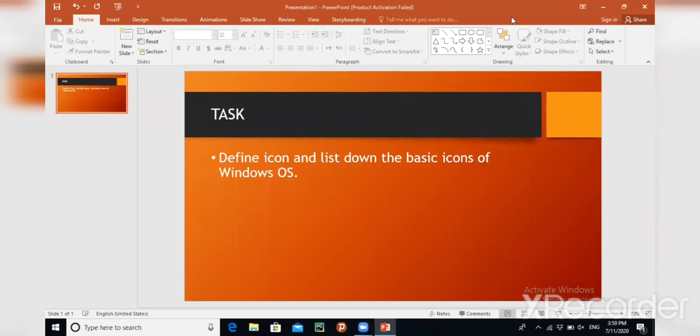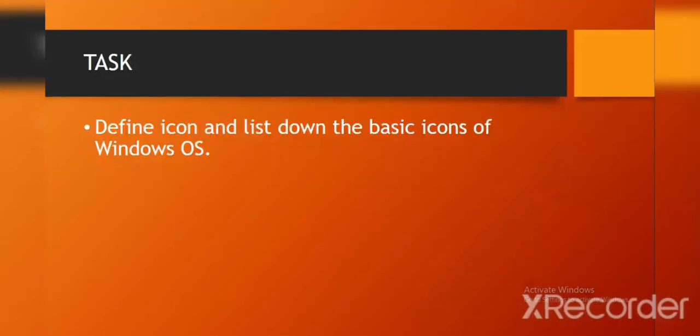Okay dear students, this is your task for today. You have to define the icon and list down the basic icons of the Windows operating system. All of these icons are discussed in today's lecture. You just have to name them.